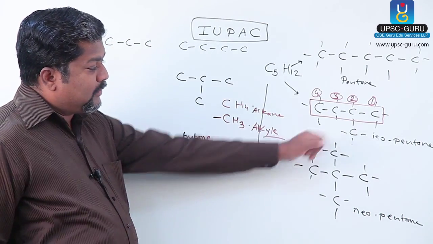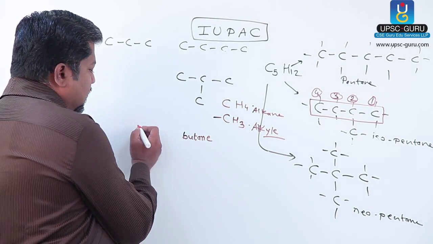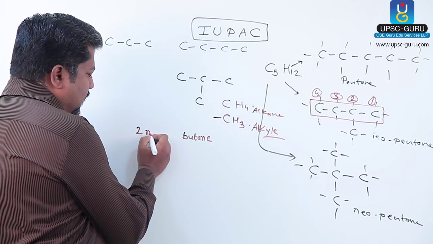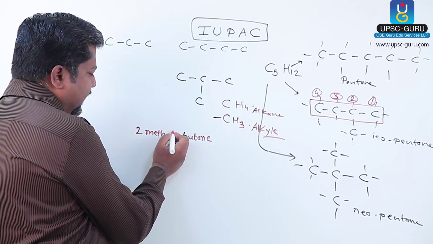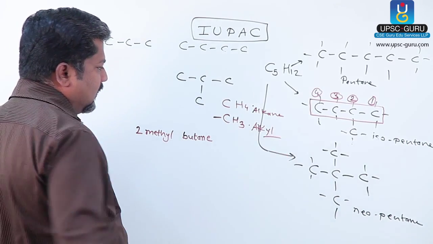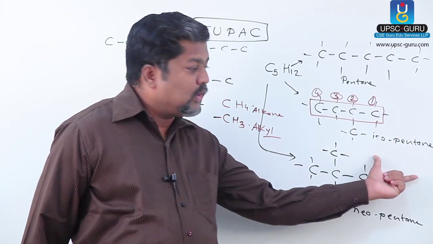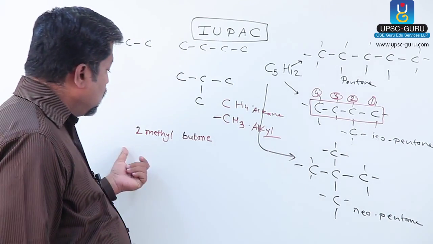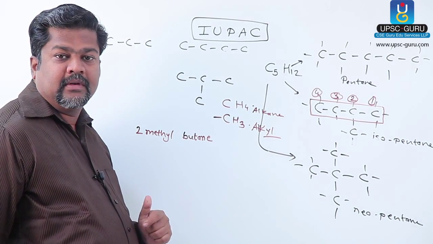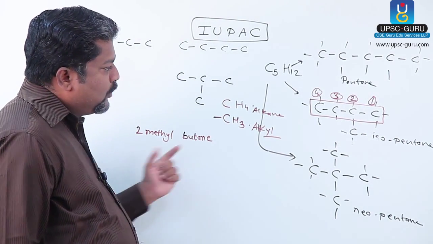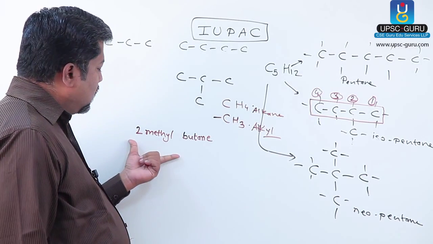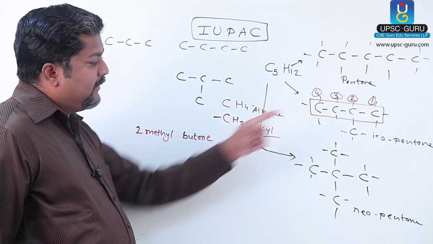Now on second position it is methyl group. So I am writing here 2 methyl butane. So this is not isopentane now, this is 2 methyl butane. So this way we are giving IUPAC name over here. So it is 2 methyl butane in this way.